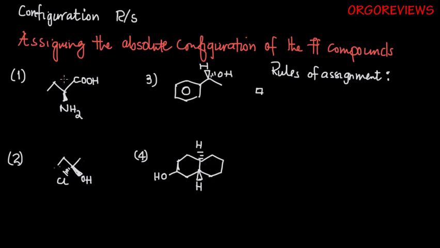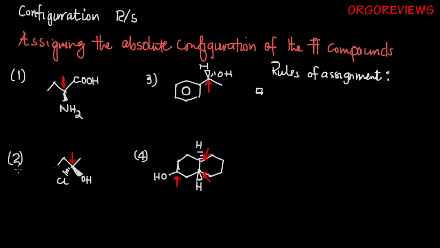For number 2, it is located right here. For number 3, that is located on this carbon. And in 4, you're going to have it located over here and there, and even here. So the good news is that at least you're able to identify the chiral centers.